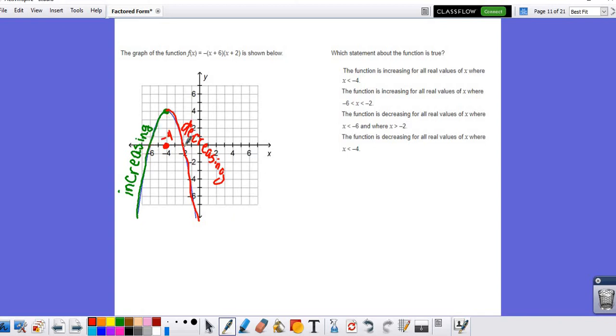We're going up and back down. The function is decreasing if x is less than negative 6. But if I'm less than negative 6, my line is still increasing. And then the function is decreasing if x is less than negative 4. So here we're at -4, and if I'm less than that, my function is increasing. So I kind of told you the answer to that one as well.